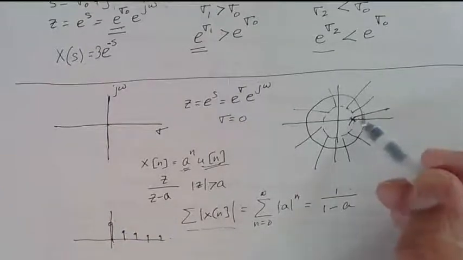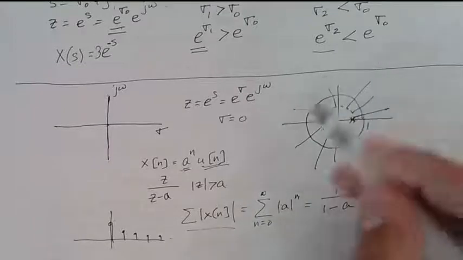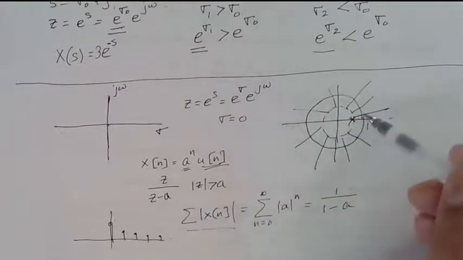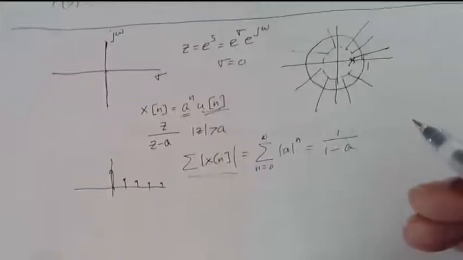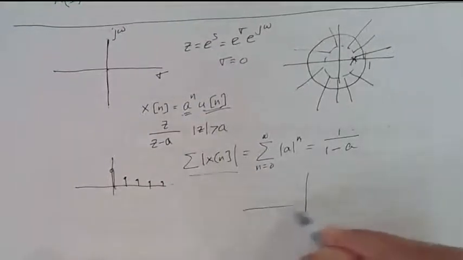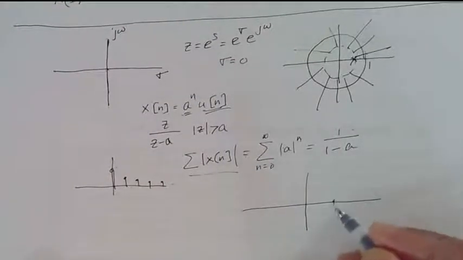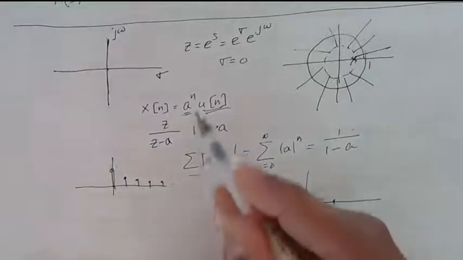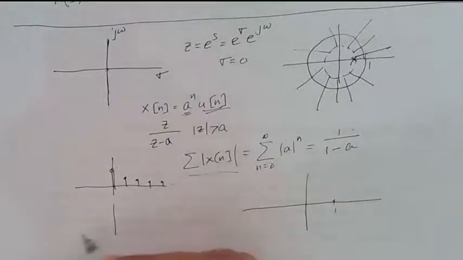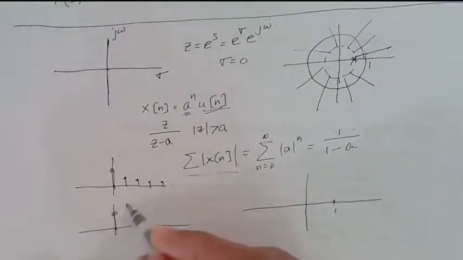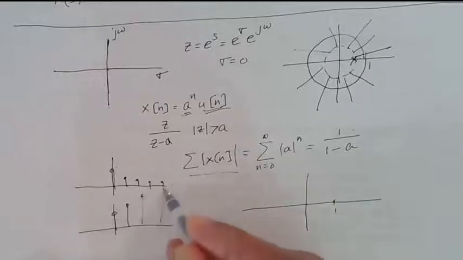And when I look at the z transform, I can see that the region of convergence for the z transform includes the unit circle. Again, if a was greater than 1, then I would get a sequence which kept increasing.